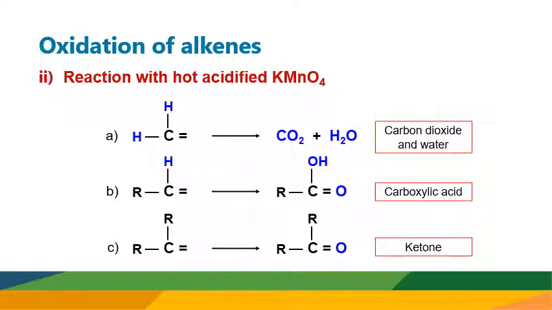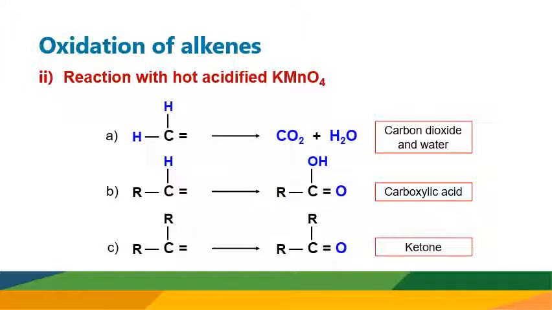The product formed from the reaction with hot acidified potassium permanganate is determined by the atoms bonded to the carbon double bond. For example, if the carbon double bond is bonded to two hydrogen atoms, it will produce carbon dioxide and water. But if there is only one hydrogen atom bonded to the carbon double bond, it will produce a carboxylic acid.